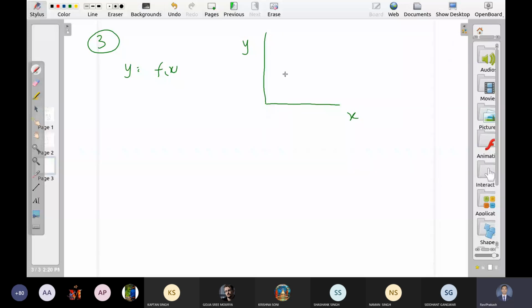If we calculate dy upon dx at this point a, means at x is equal to some x1, what is the answer? 0.